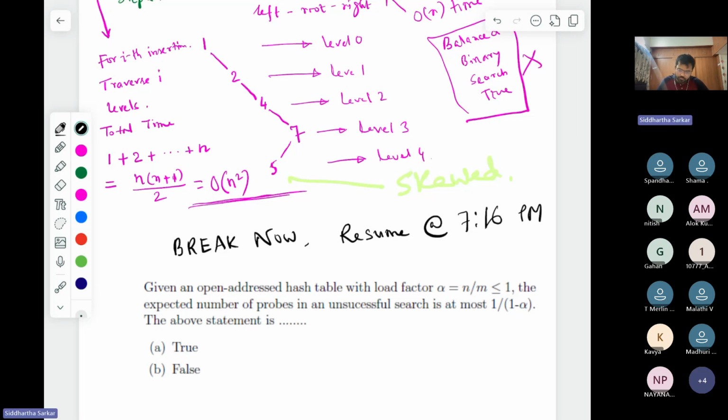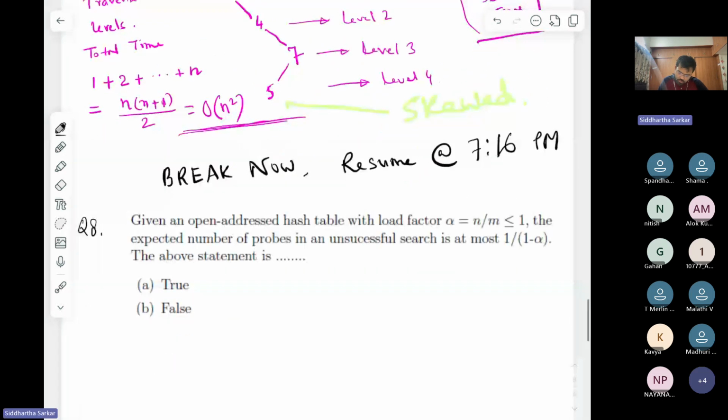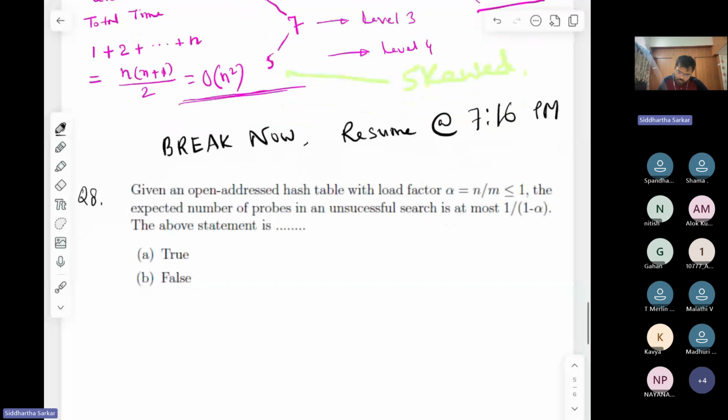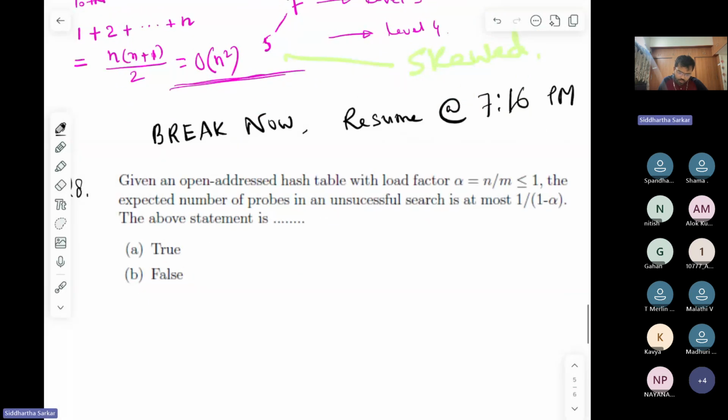So welcome back. This is question 8 for today. I'll give you a minute to think about it.